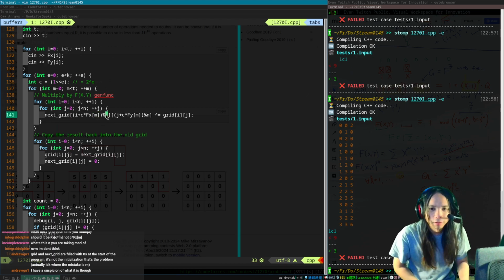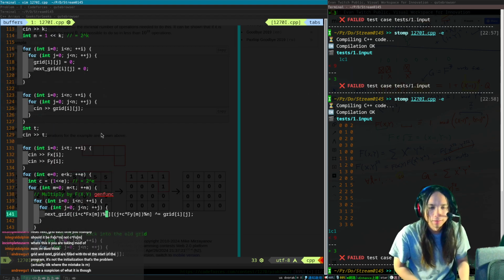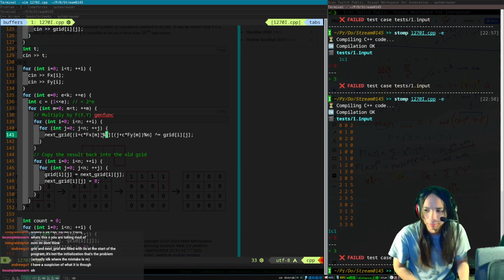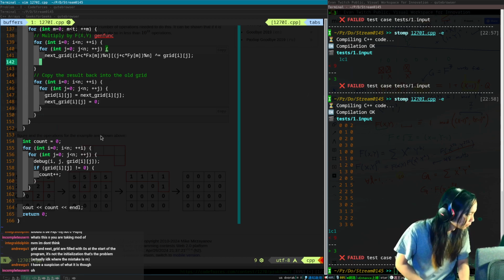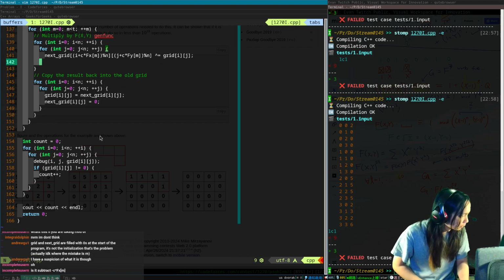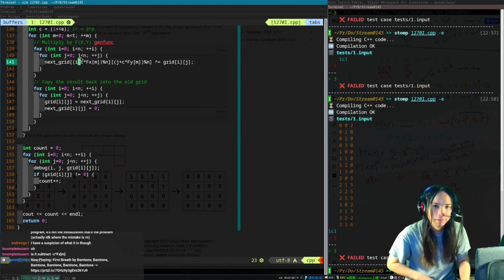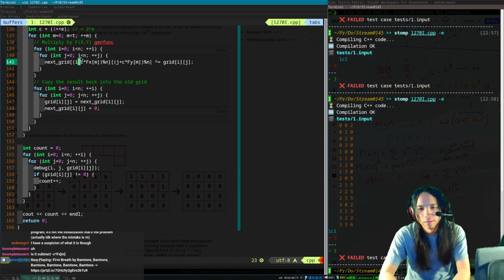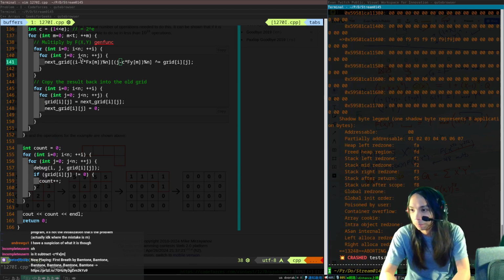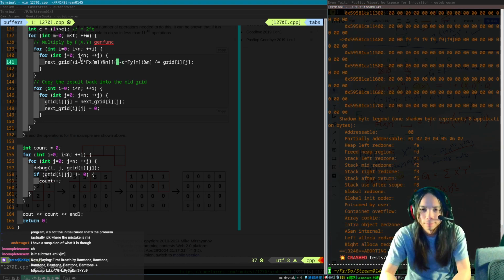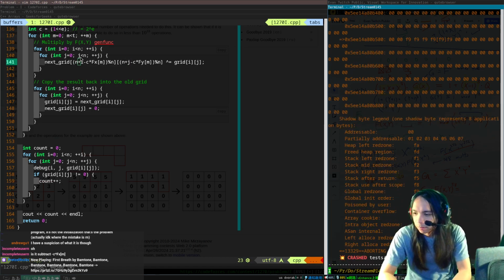What is this n you're taking the mod of? N is 2 to the k. It's the size of the grid. I don't think that part is borked. Is it subtract? I don't think that should make a difference because all this is going to do is reflect things. I'll try it. Wait, what?